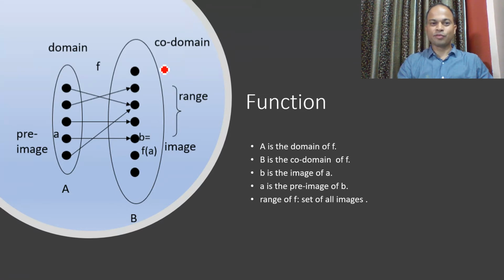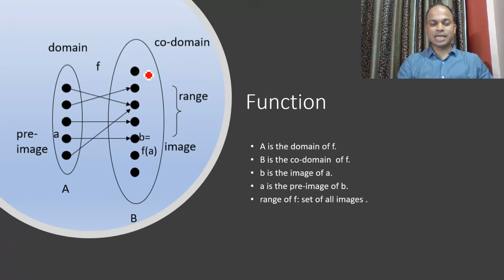Only a few elements may take part in the mapping from set B. Whatever elements take part in the mapping from set B, such elements are called the image.